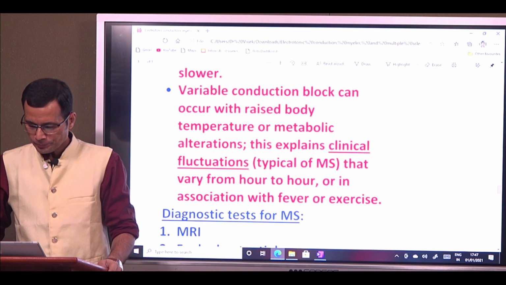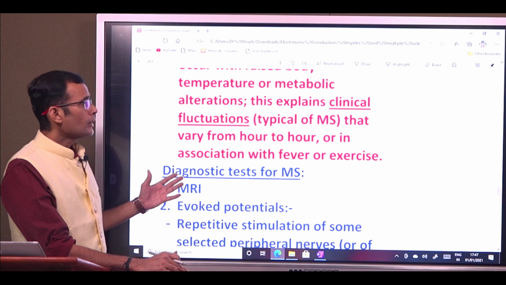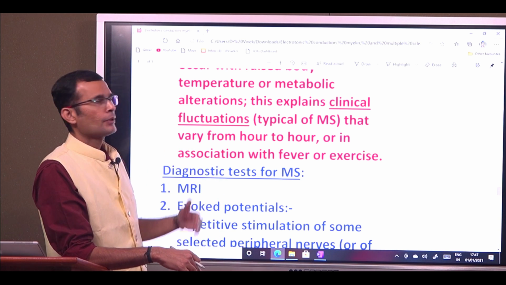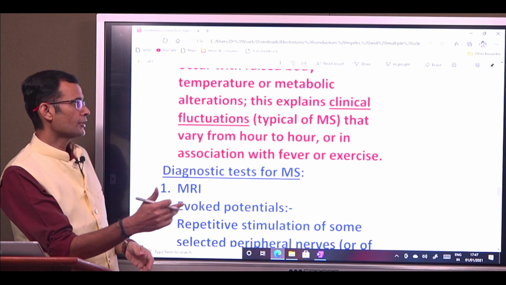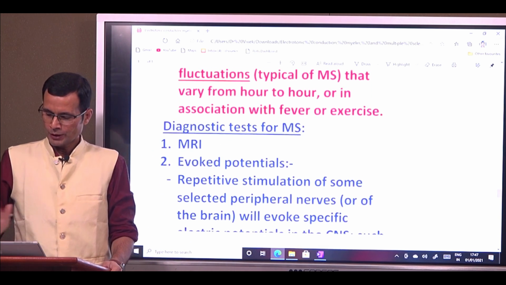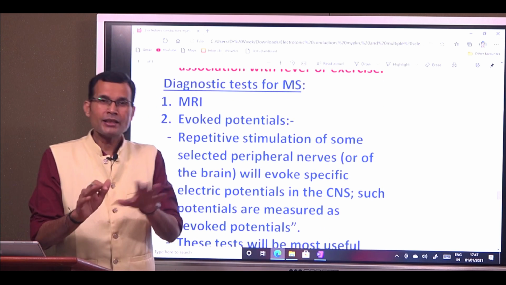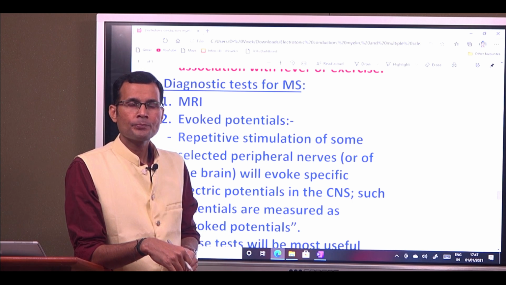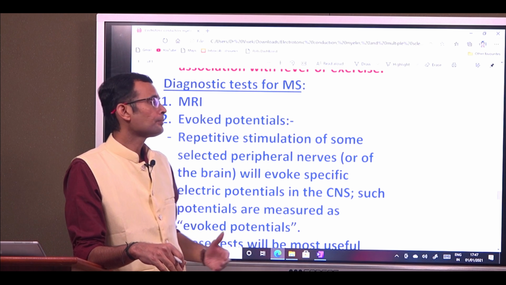It will vary from hour to hour. That's one dreadful thing about this disease, that it keeps on changing. It's associated with fever, exercise. So that is multiple sclerosis and why its manifestations appear.